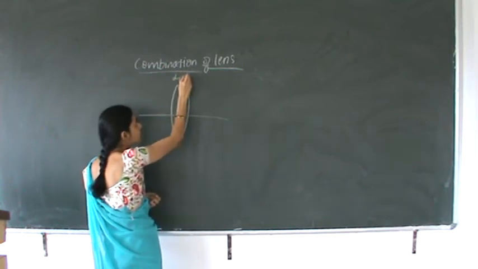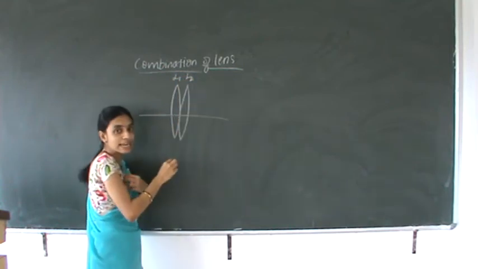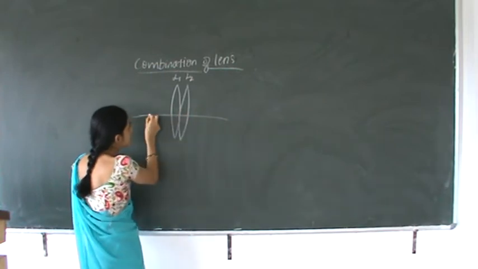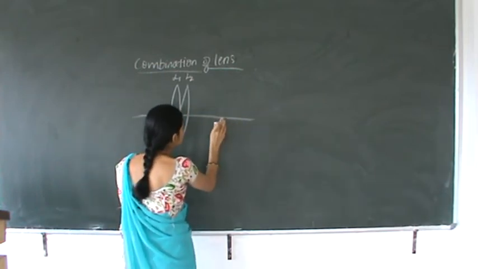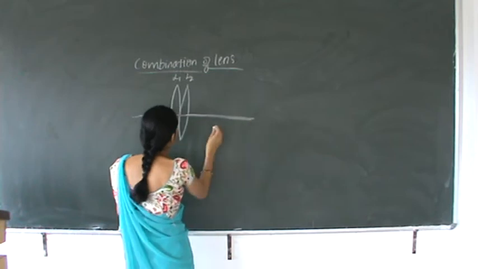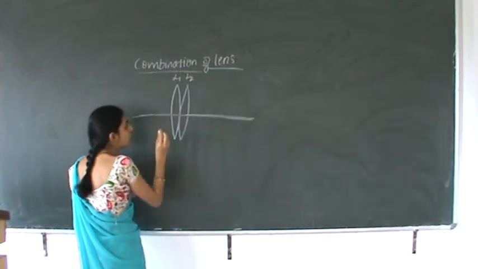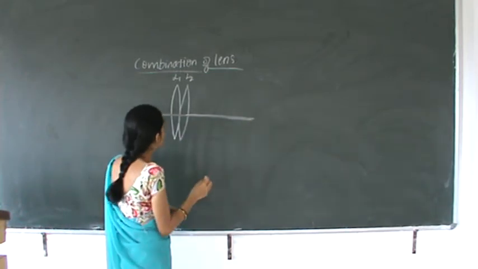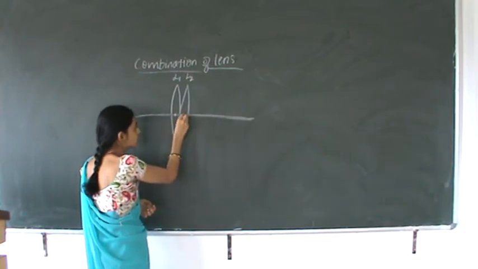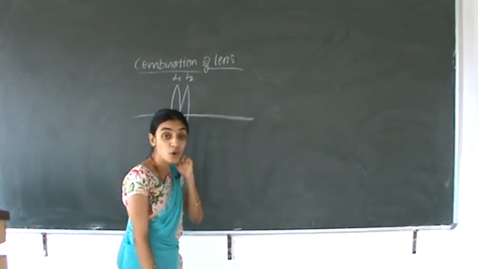Let L1 and L2 be the lenses kept on the principal axis, and it passes through the optic center of both the lenses.